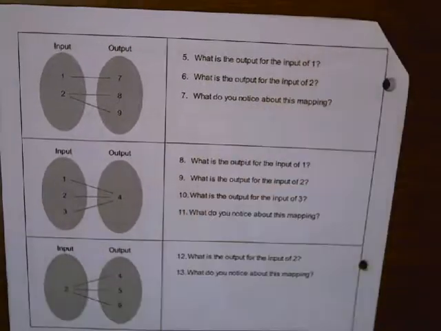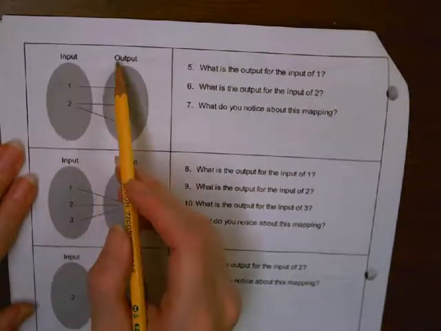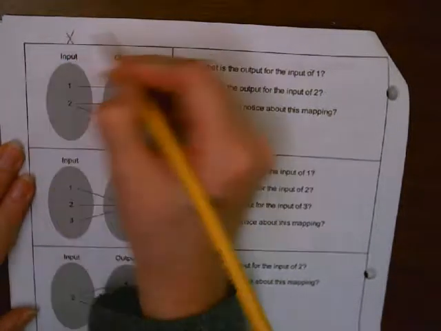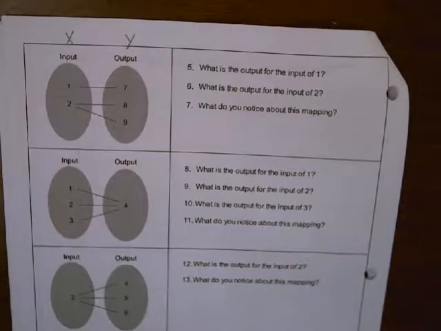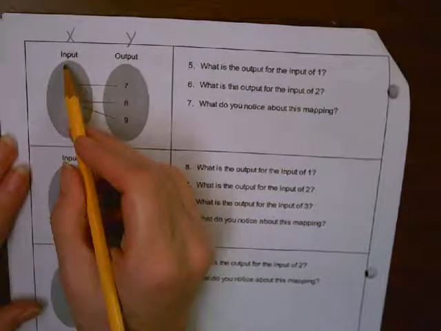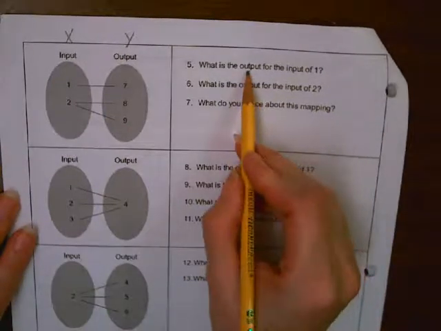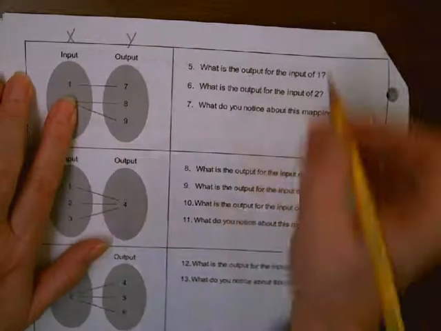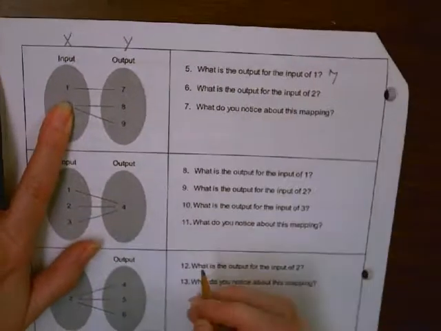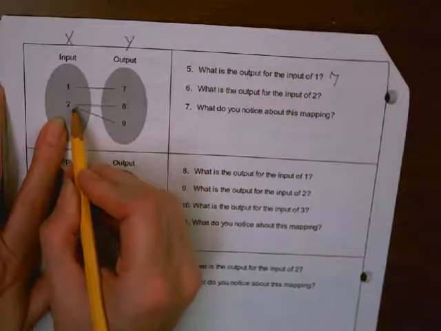Okay? All right, so I have an input and an output. My x's, my y's. So the output for the 1, so the 1 is here. There's a 7. The 2, look what happened to the 2.